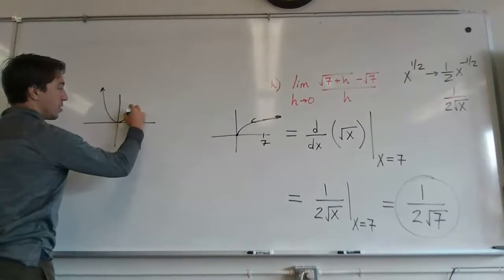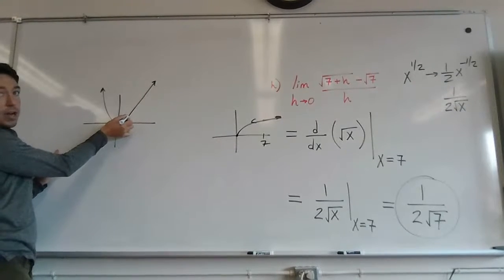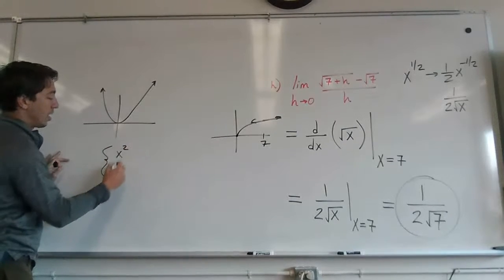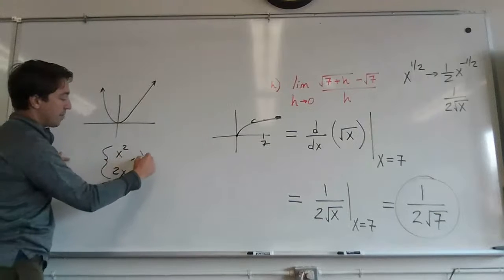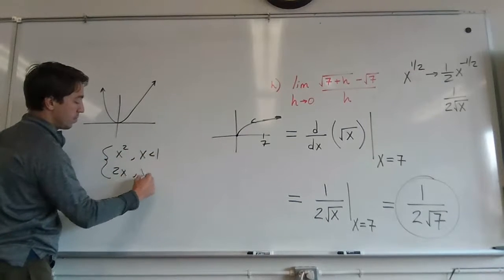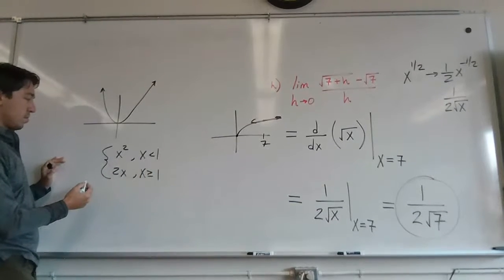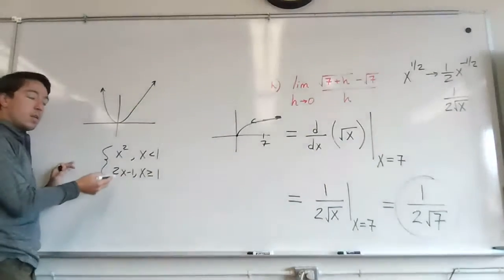In practice you could have a piecewise function that goes parabola and then changes into a linear piece like that. As long as you have it set just right, for example, if it was something like x squared and this was 2x, and you just have it switch at 1. Small problem, I gotta throw in a -1.